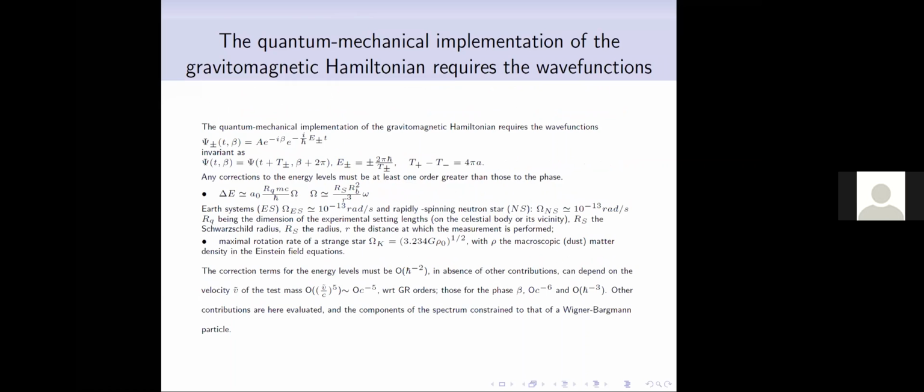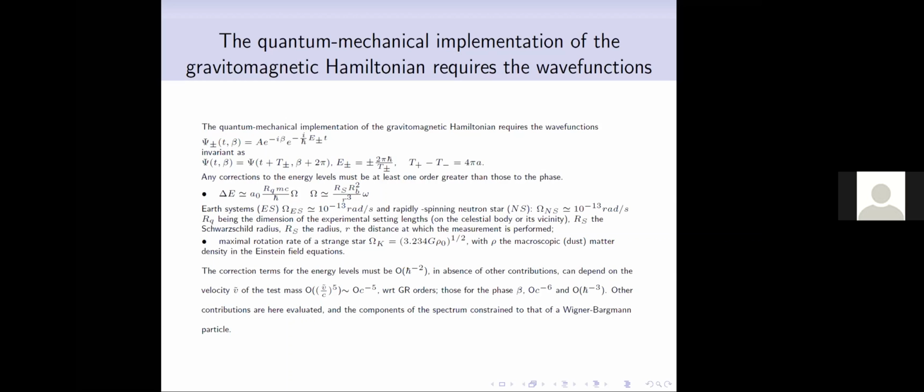One kind of analysis is the gravitomagnetic effect, for which it's possible to find, as you see in the first point of the equation, a split of the energy level, which can receive contributions also from faraway gravitational bodies, as I will show.